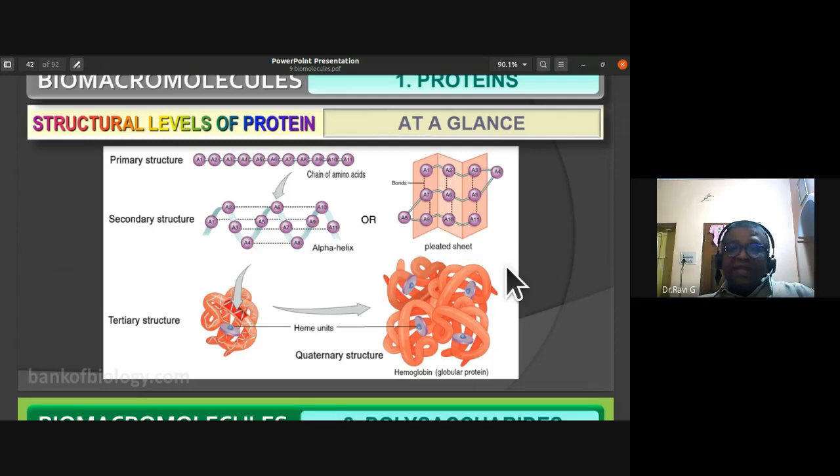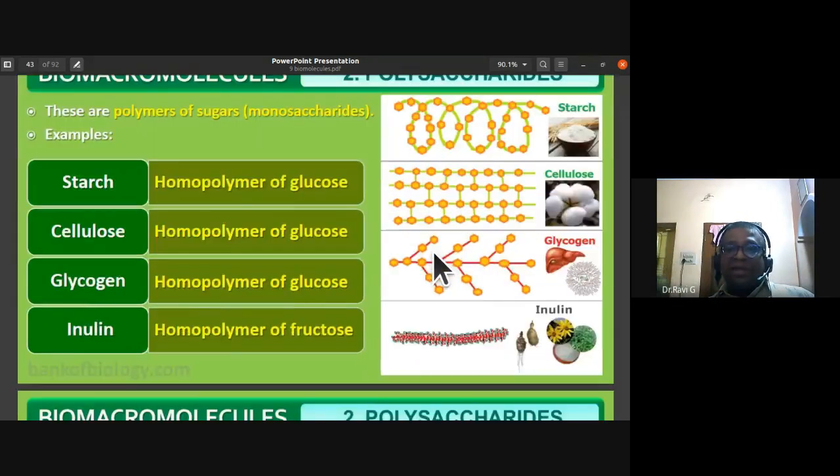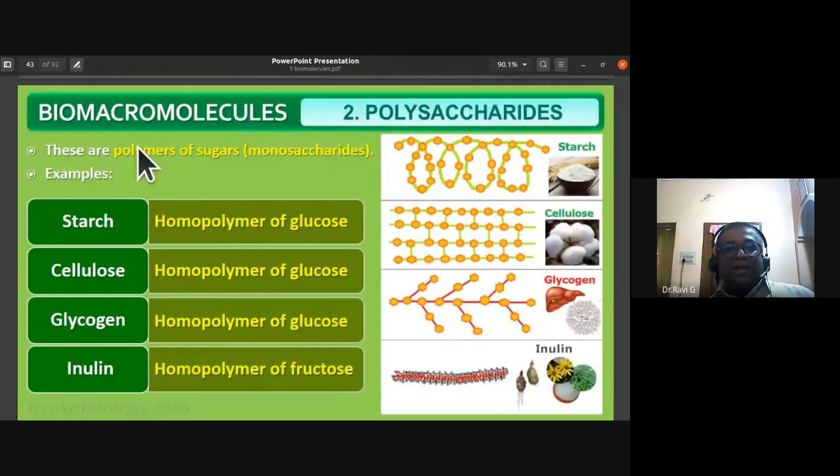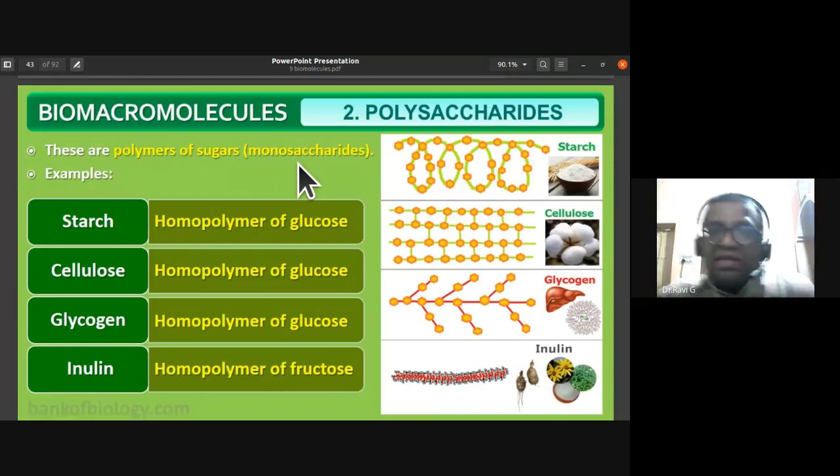The next macromolecule we'll discuss is polysaccharide. Polysaccharides are polymers of sugars, or you can also call them polymers of monosaccharides. Example, starch is a homopolymer of glucose.